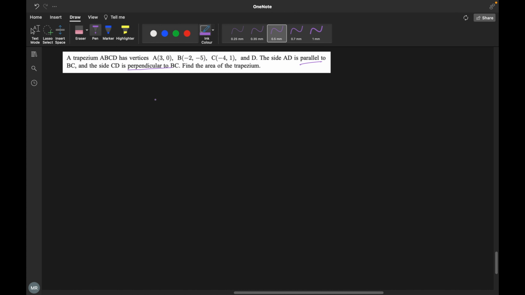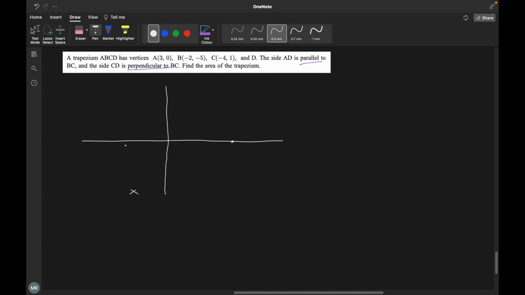So first let's draw the axes and plot the points so it's much easier to understand the question. 3, 0 would be somewhere here, and then let's plot B. Negative 2 approximately here, and then 5, let's say here.